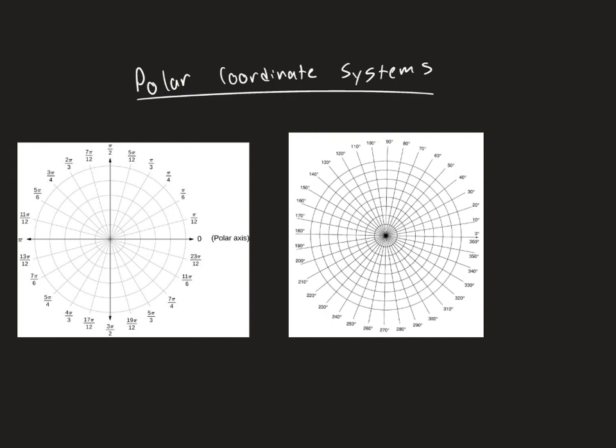And here I have two different versions. One version has radians and one version has degrees. Again, they both live in the same place. We're just writing it a little bit differently.